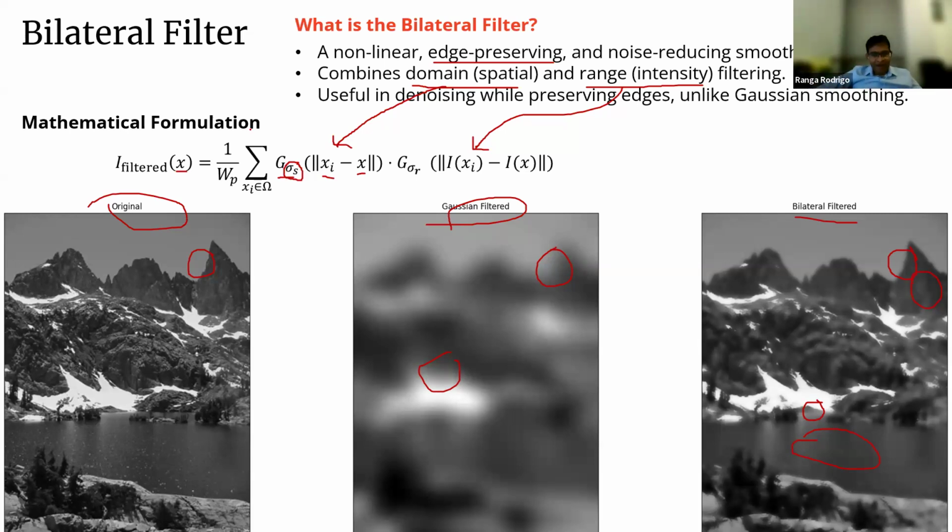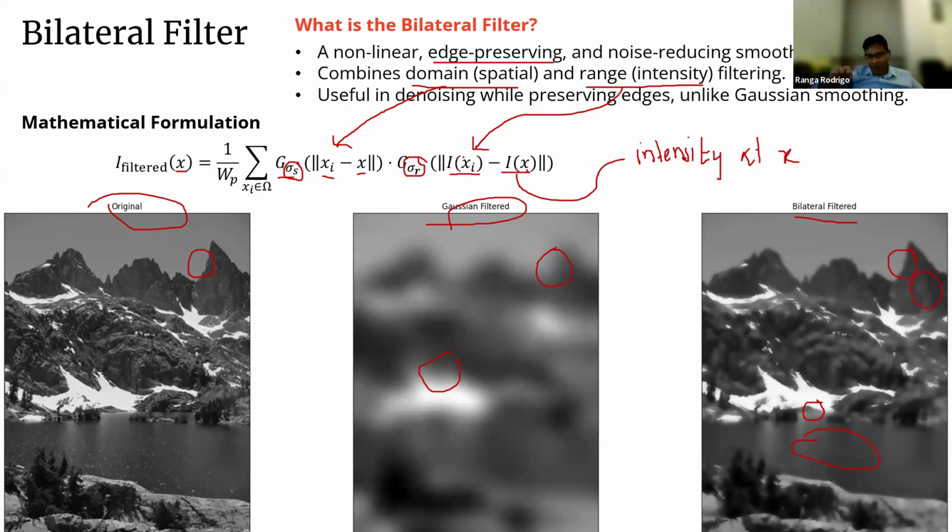Okay. But in the range filter, with sigma r as the standard deviation for the range one, you don't have x and y, but you have the pixel intensity, I(x) and I(xi). This I(x) is the intensity, the gray value of the image at the location x.